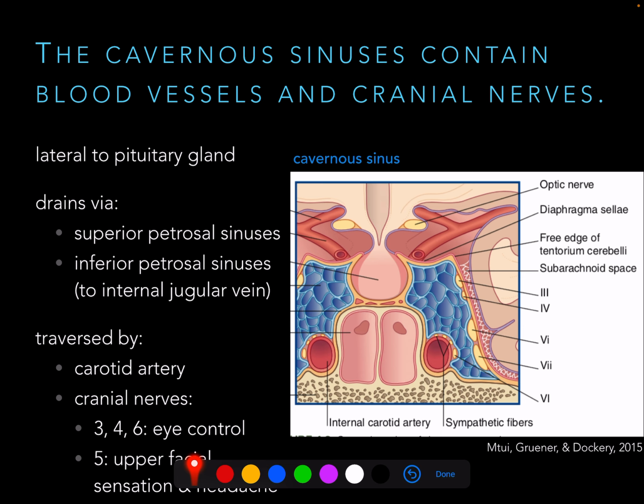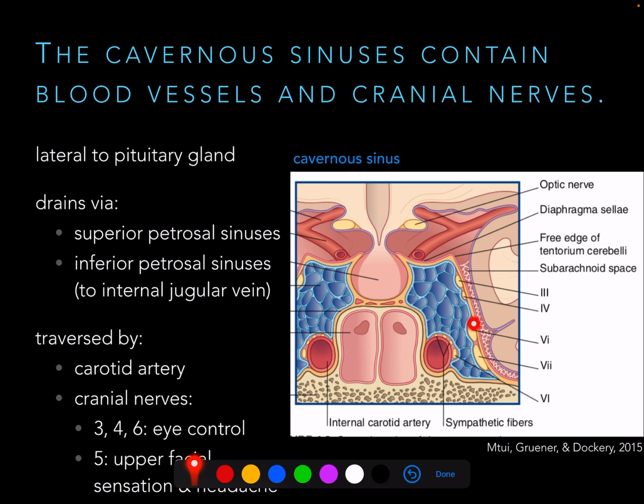We also have the internal carotid artery running through the cavernous sinus. So if we have any kind of hemorrhage of the internal carotid, we are then going to damage cranial nerves 3, 4, 5, and 6, giving us problems controlling our eyes and feeling things in the face.